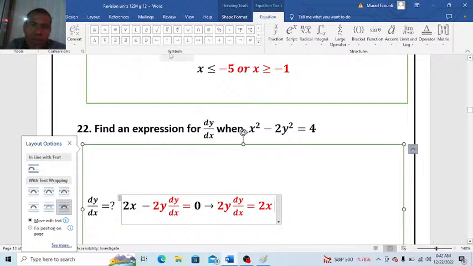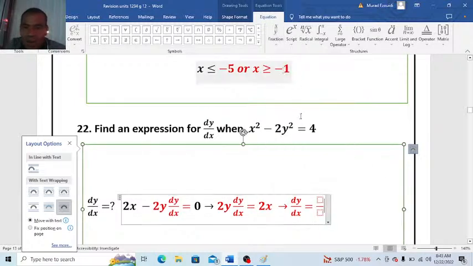Therefore I will divide both sides by 2y. I will write dy with respect to x is equal to 2x divided by 2y.